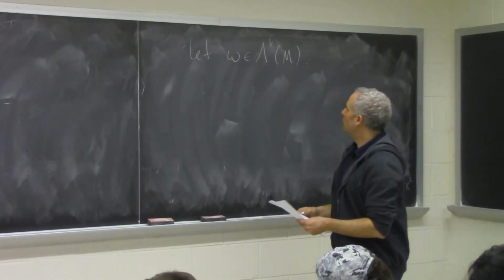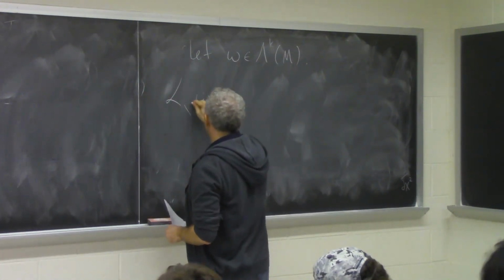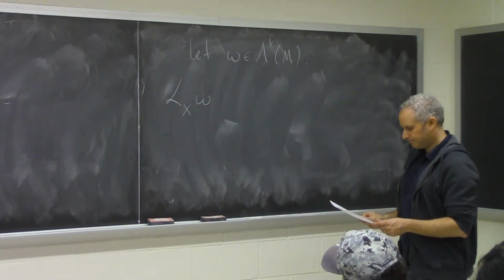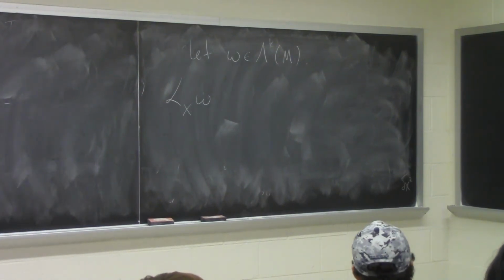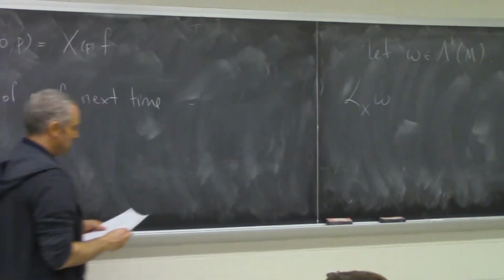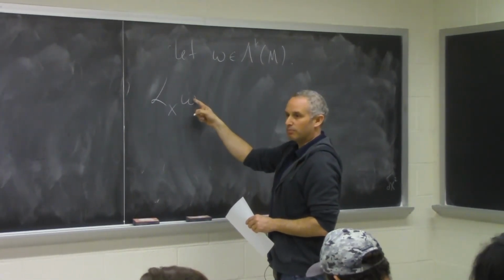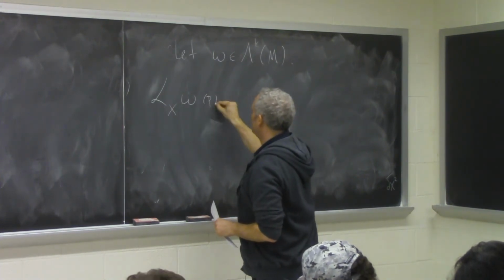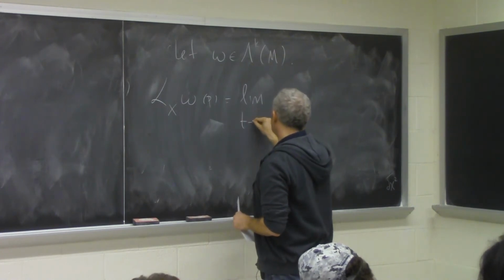So let's define the Lie derivative of this K-form with respect to the vector field X. All right, so this should be a K-form. So we're going to evaluate it at P, and it will be the limit as t goes to 0.